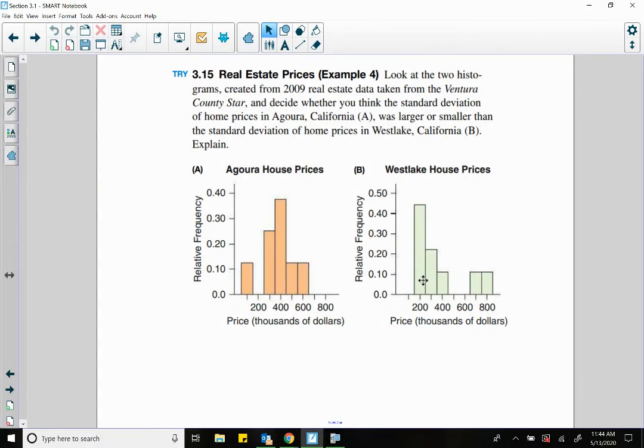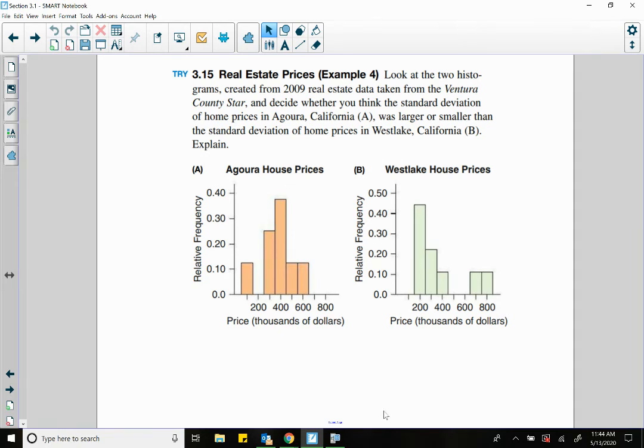So when you look at this data, A is the one that will have the smaller deviation, because all that information is right here, from 600 to basically about 100, around this 400. It's closer together. It's more compact.